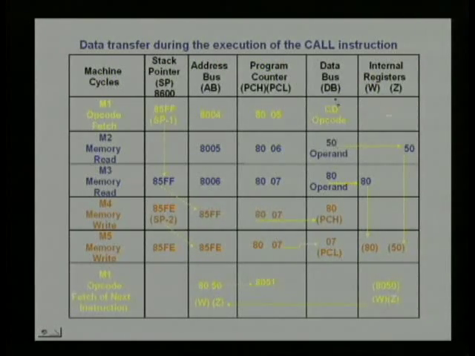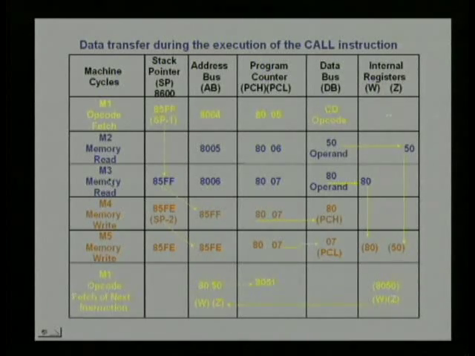In response, memory will place 50, that is the contents of 8005, onto the data bus, and the processor will copy this 50 into its internal register Z. So this completes the second machine cycle.